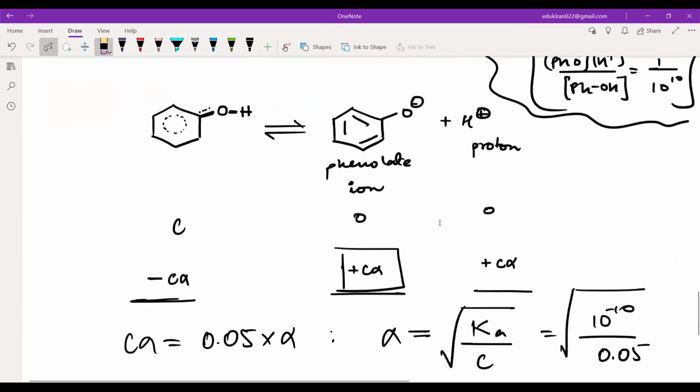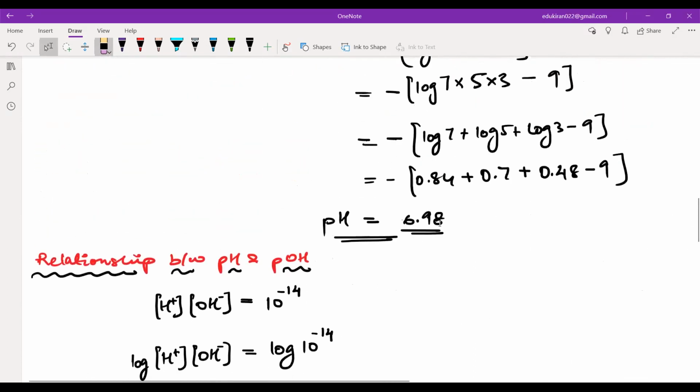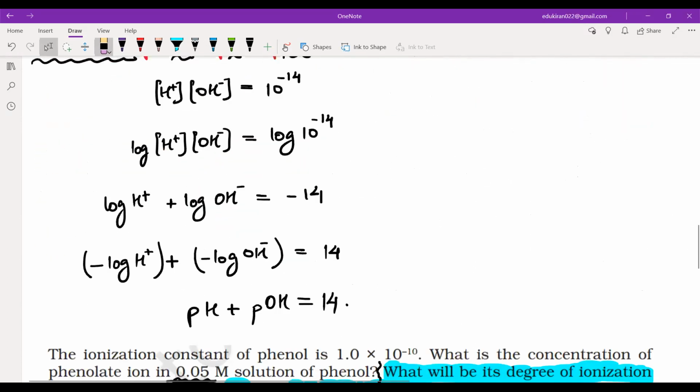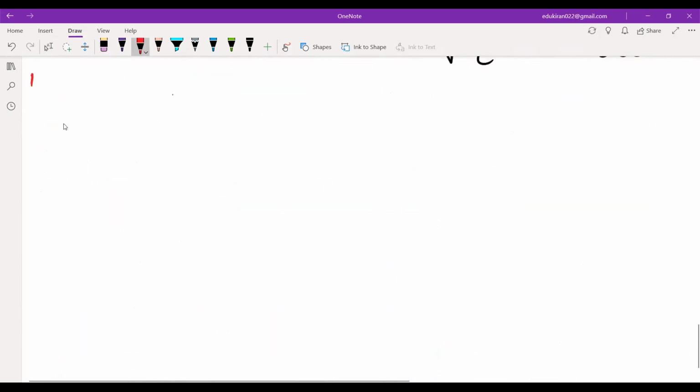So what were we discussing? Relationship between pH and pOH, right? So pH and pOH, we have done this, right? Now, relationship between Ka and Kb.